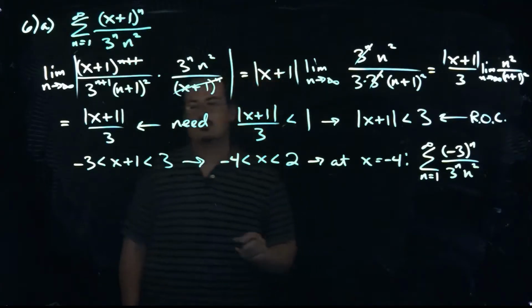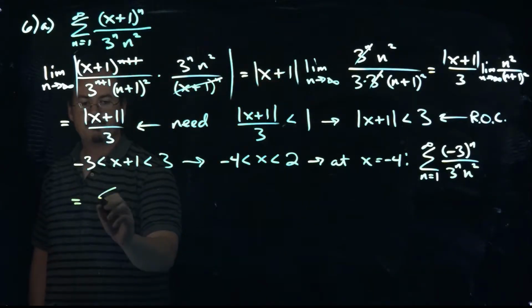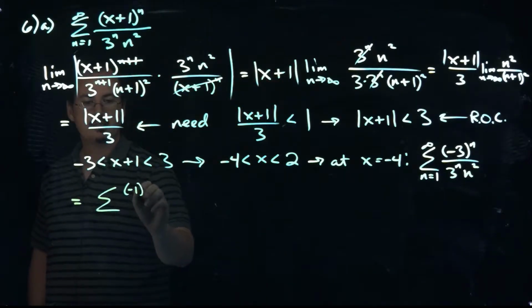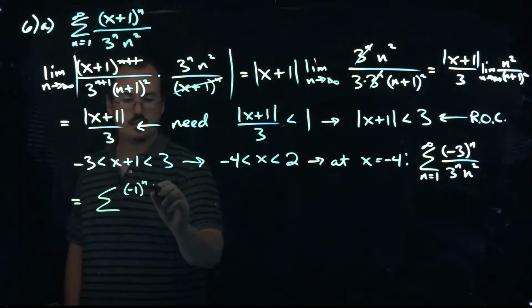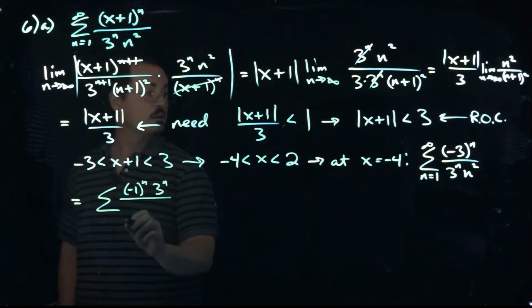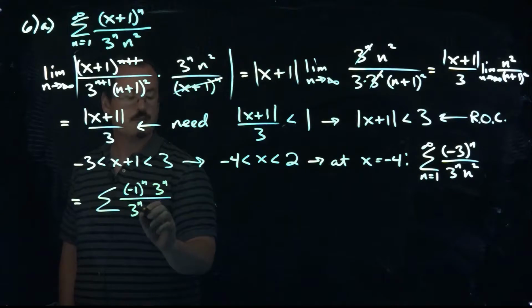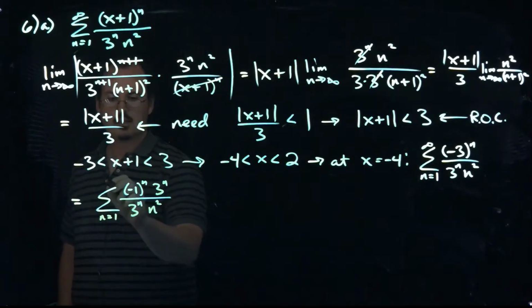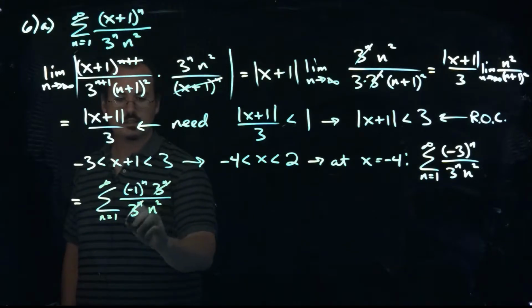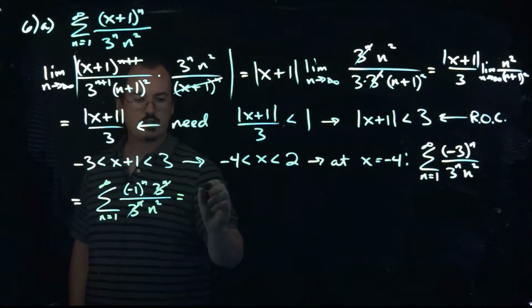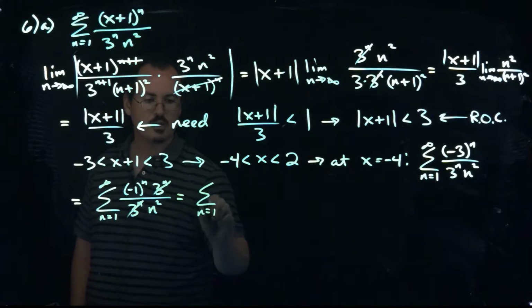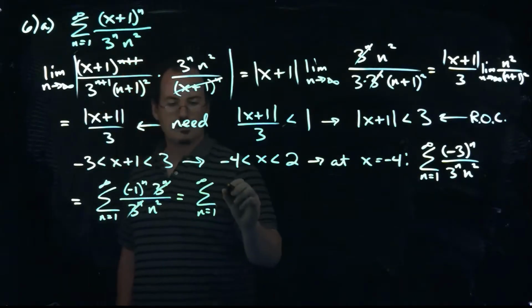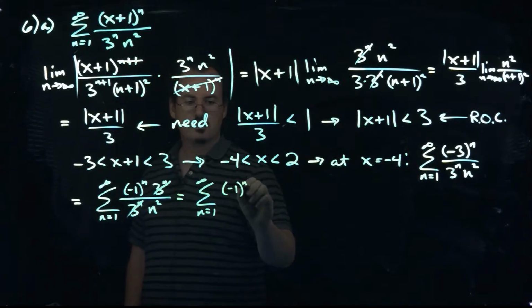That numerator, you can rewrite it as minus 1 to the n times 3 to the n. Okay, so now notice that these 3 to the n's cancel each other out, and all we're left with is the sum from n equals 1 of this.